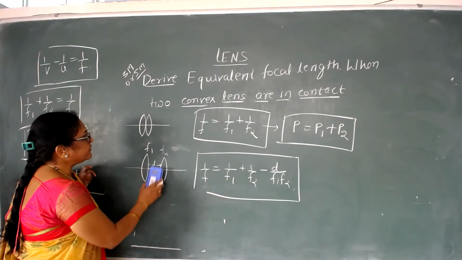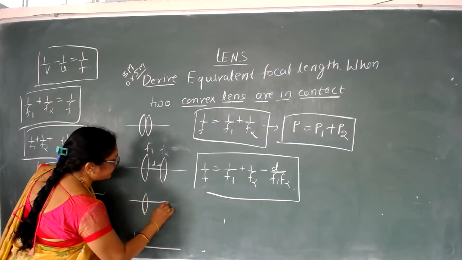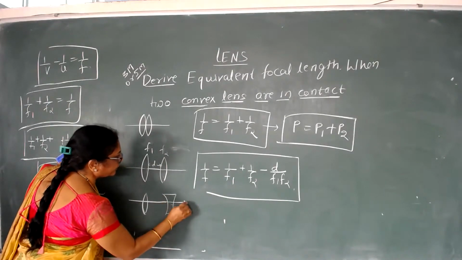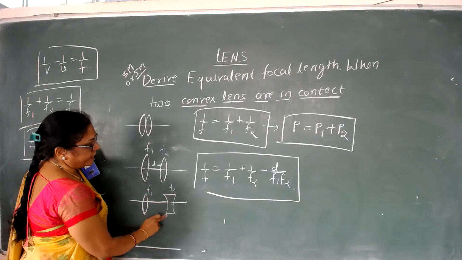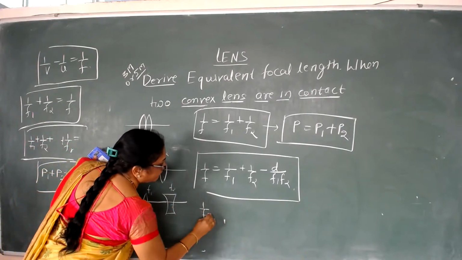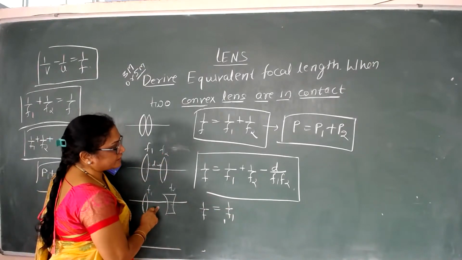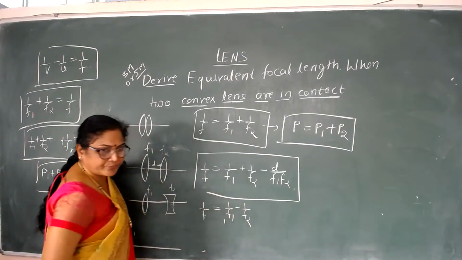But if one lens is a convex and another lens is a concave, with focal lengths f1 and f2, that time its equivalent focal length is 1/f = 1/f1, the convex lens focal length being positive, minus 1/f2.